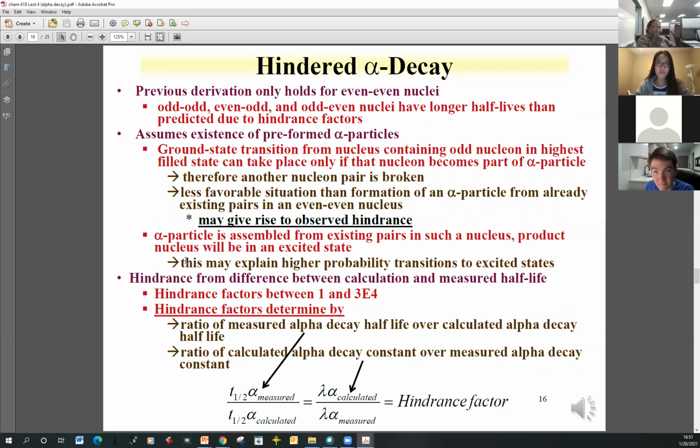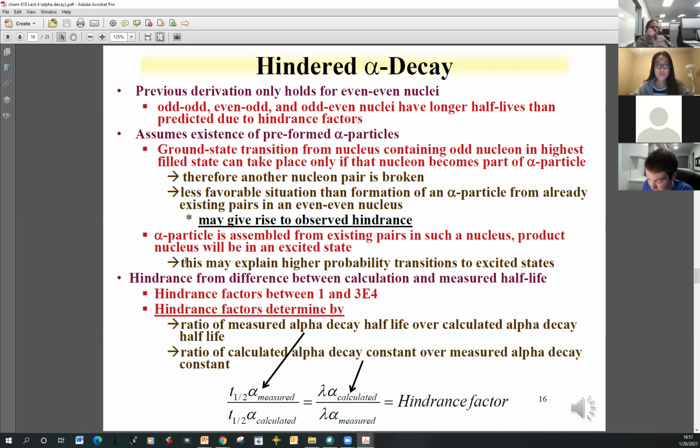Now we can make a calculation that says the half-life, based upon the properties of that nucleus, should be a certain value. And then we go on and measure that half-life, because we can easily measure it. So now I compare the calculated half-life and the measured half-life.